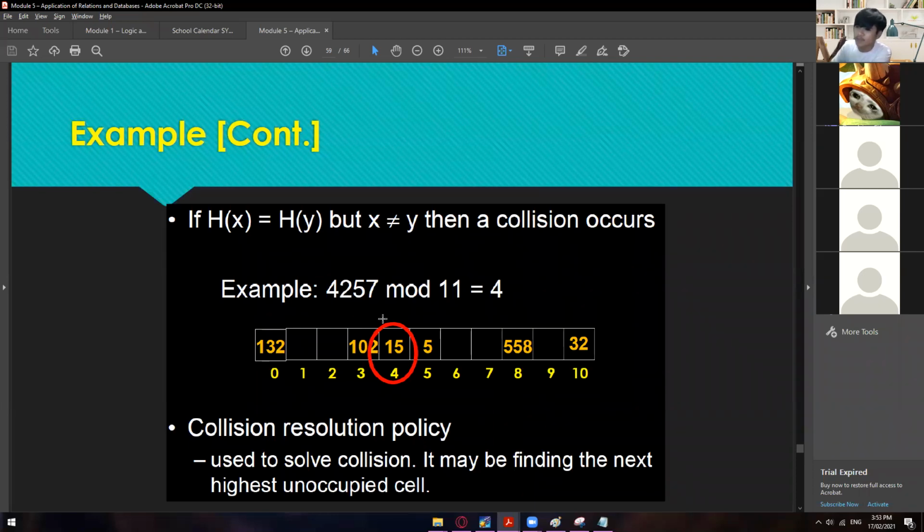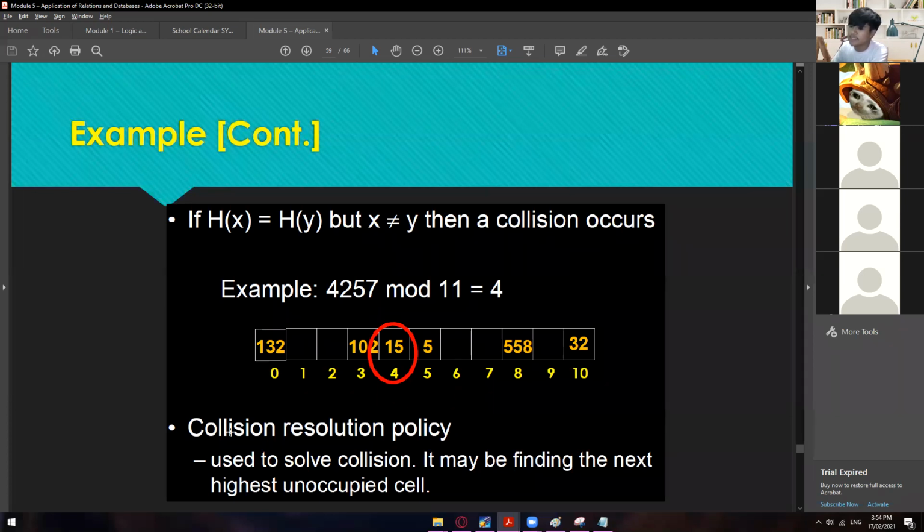The second one that will occupy this cell will look for the next higher unoccupied cell. The next higher than number 4 is 5, but since this one is already occupied, you have to look for another cell, which is number 6, which is empty. So instead of putting your 4,257 in number 4 or number 5, you're going to put that data in here.